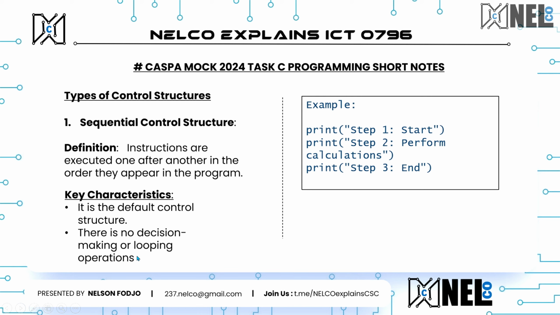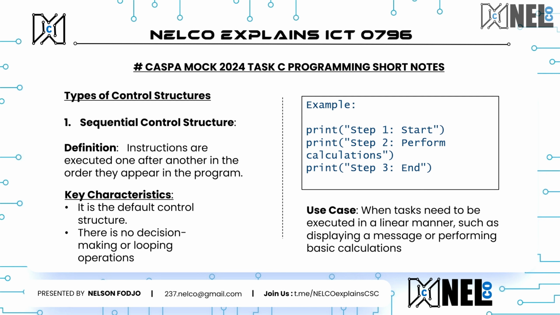Let's look at an example. Print step 1 starts, print step 2 calculations, print. Okay, so this is just pseudocode that shows how the sequential control structure goes. Now the use case of sequential control structures is when tasks need to be executed in a linear manner, such as displaying a message or performing basic calculations.